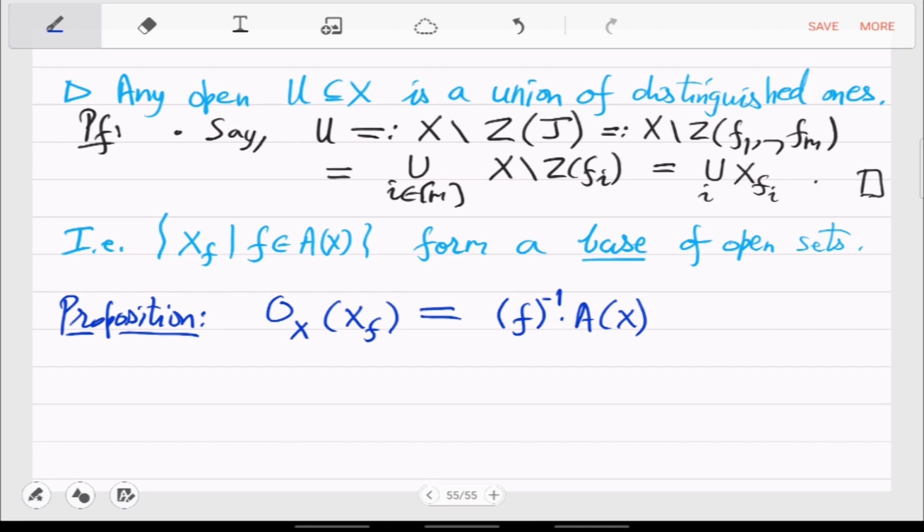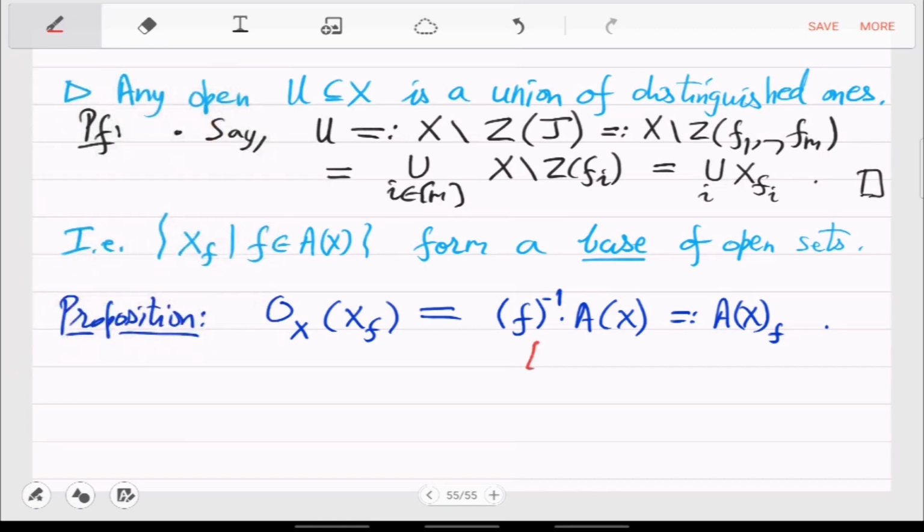So you can divide by f, f square, f cube. These will also be defined on X_f because the denominator doesn't vanish, and we'll denote this by A_X sub f. Okay, that's the proposition and the definition. Is that clear?